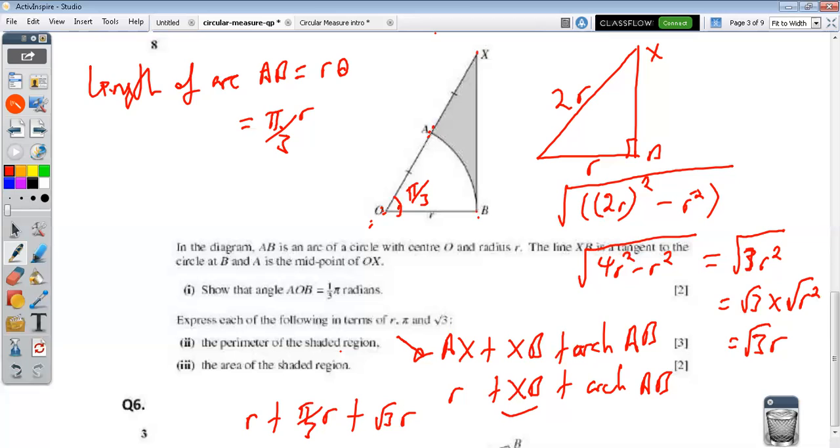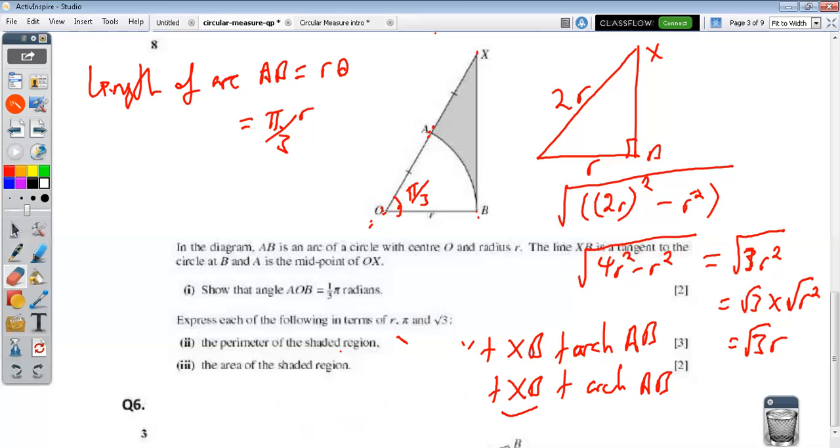We're saying length of arc, which is equal to 1/3 r, or pi r. It's up to you. Then we said length of BX, which we found to be 3 root 3. Then lastly plus r. Okay, so that's the perimeter. Perimeter, we are done. Now let's look at the shaded area.